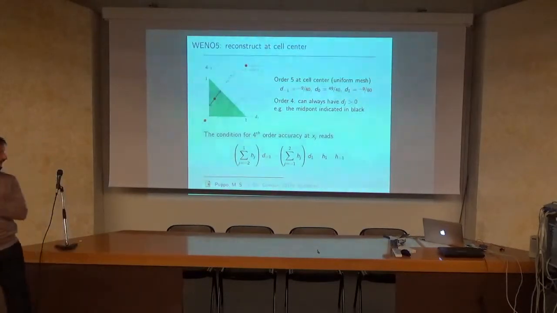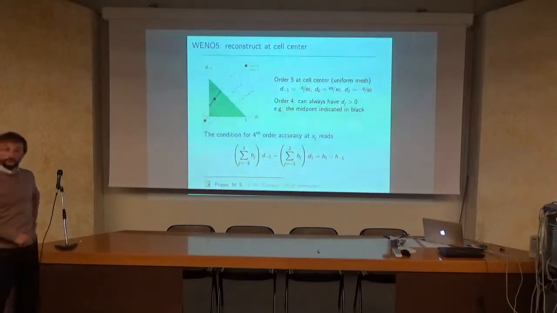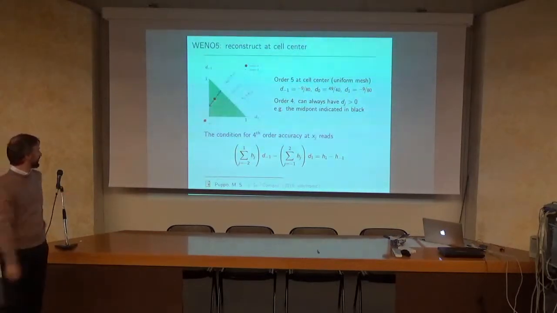If you lower that requirement, then you can prove that you can choose any coefficient along one of these dashed lines, depending on the mesh topology. And so if you can choose anything along these dashed lines, you can choose something which is always positive, like the top one here.